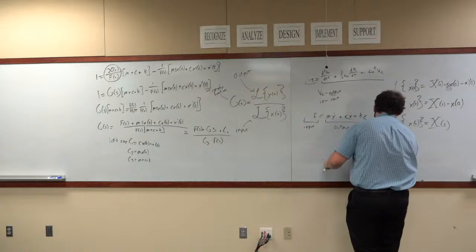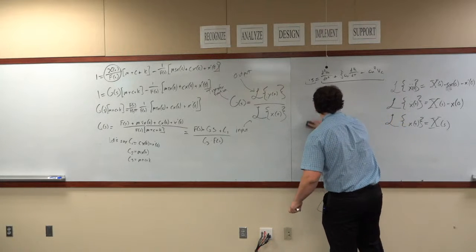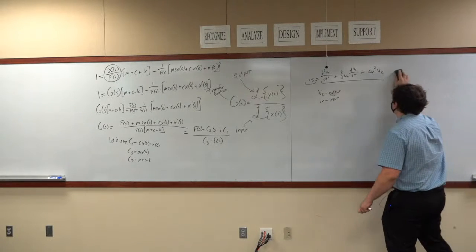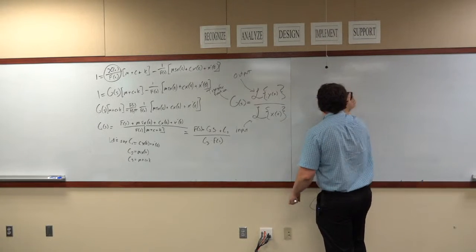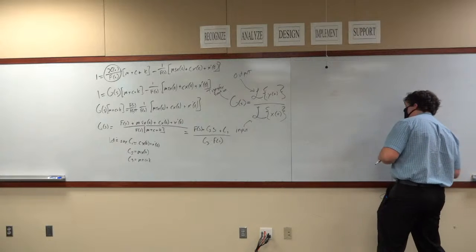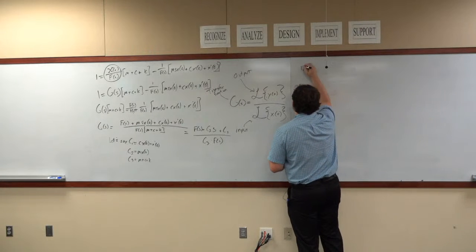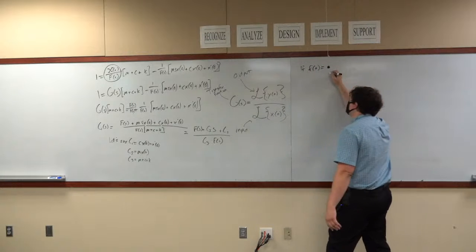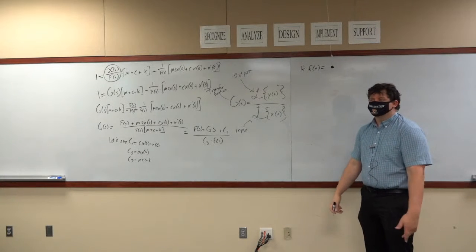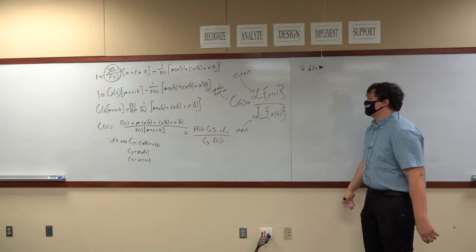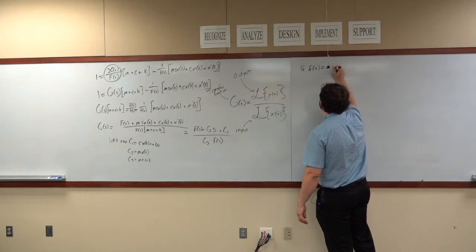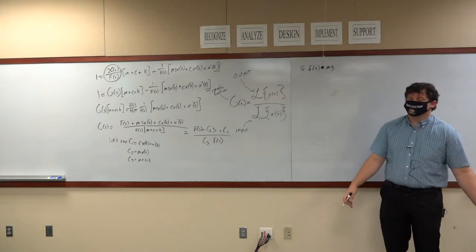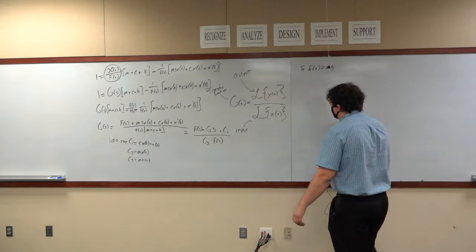Constant force is pretty simple to deal with. So if f of t is equal to, I don't know, maybe mg. Maybe this is a suspension system and it's just the weight of the vehicle.